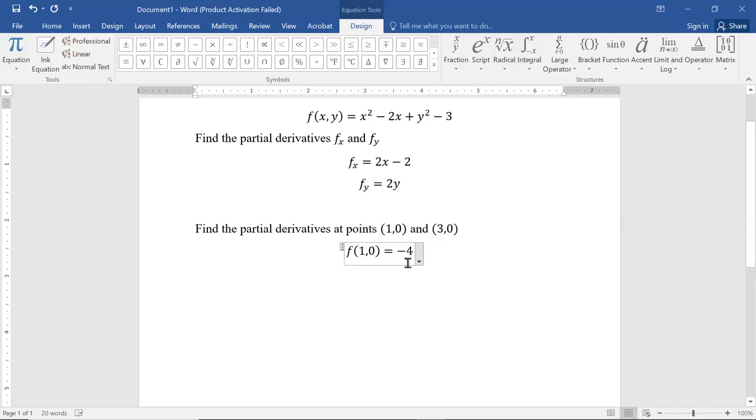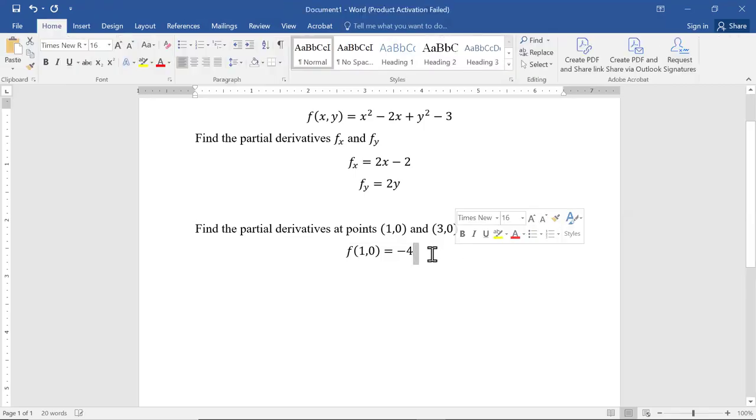That equation tells me that when you plug in (1, 0), you get out a negative 4. But graphically, we're at the three-dimensional point (1, 0, -4). 1 is your x value, 0 is your y value, negative 4 is your z value.